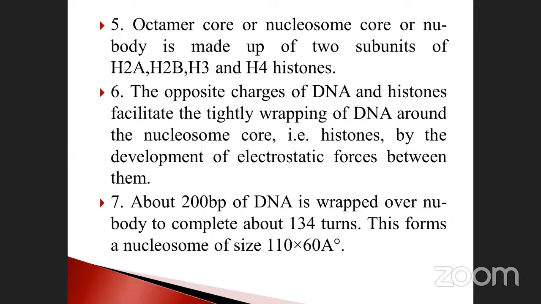And then about 200 base pairs of DNA are wrapped over the nu body to complete about 1.34 turns. See here, about 200 base pairs, but these do not come into the prokaryote DNA molecule. That's why it is complicated, because prokaryote is a simple one.